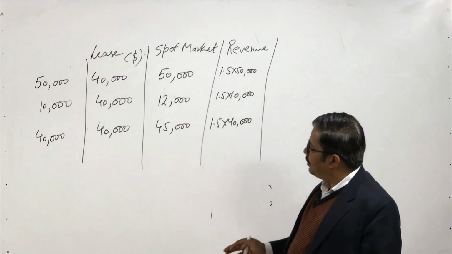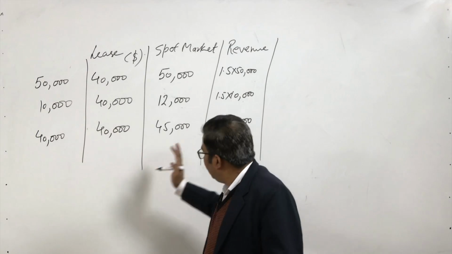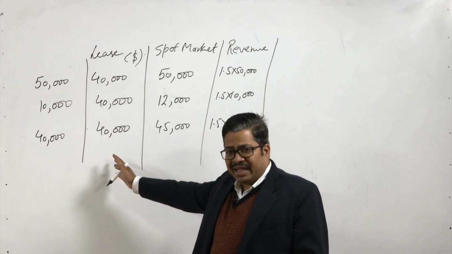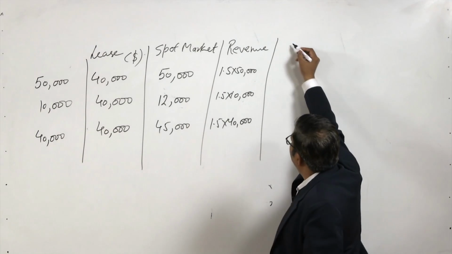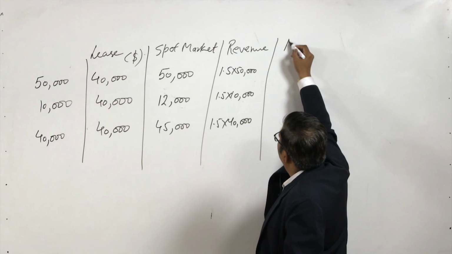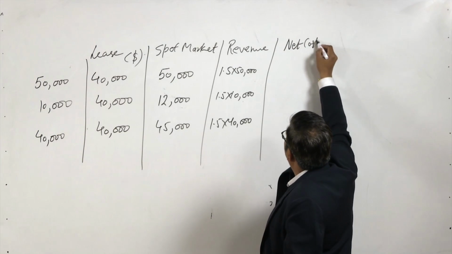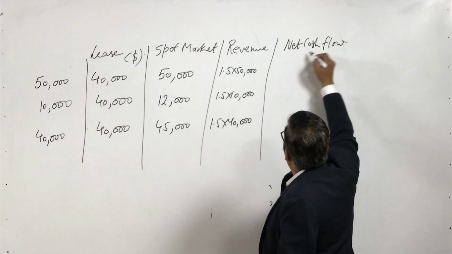The difference of fourth column and second column will give me the net cash flows in lease.